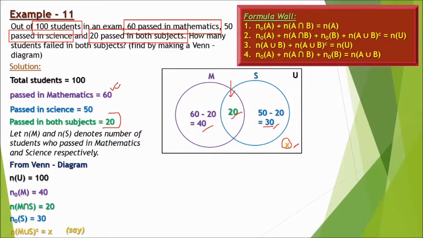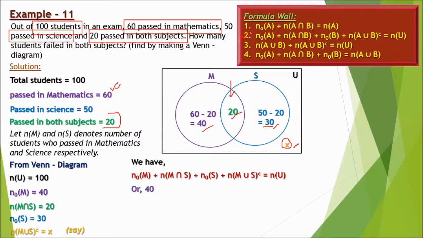Now let's try the formula, that is formula number 2. We have to use this formula number 2. You can see the formula on your screen. Now let's put in the values.